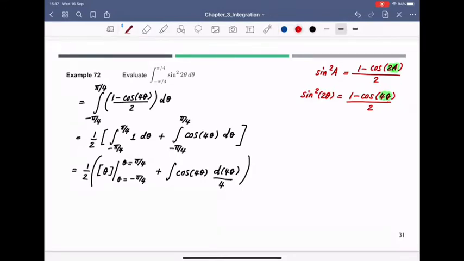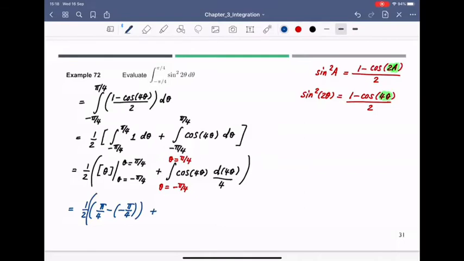Because I changed from d theta to d of 4 theta, keep in mind that what I have to plug in at the end is theta equal to negative pi over 4 and theta equal to pi over 4. I just wrote theta equal because I want to keep in mind that the number is the number for theta, so you can plug in correctly. After that, I get pi over 4 minus negative pi over 4. That's the first one.